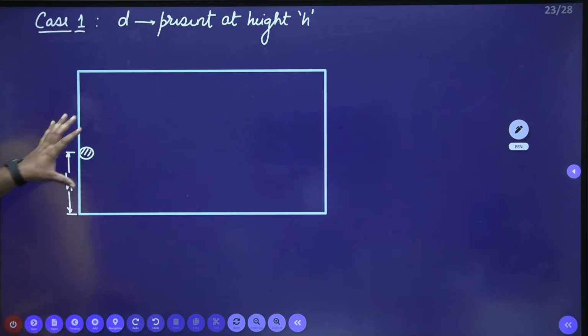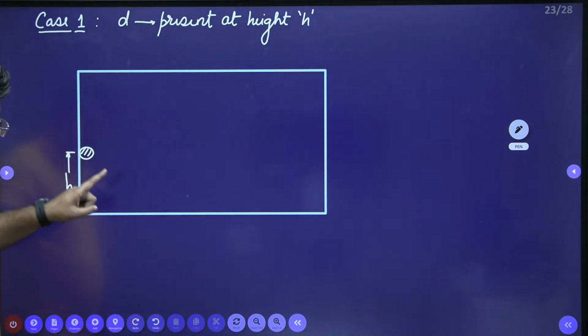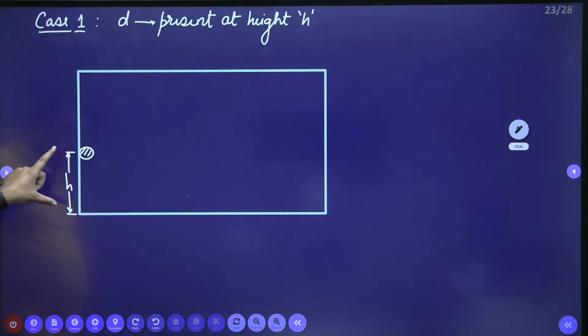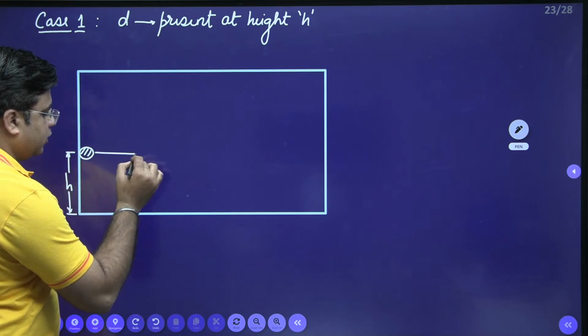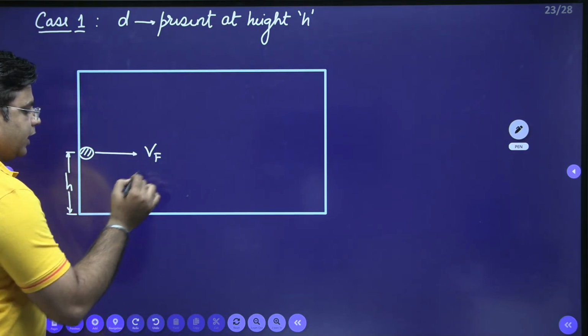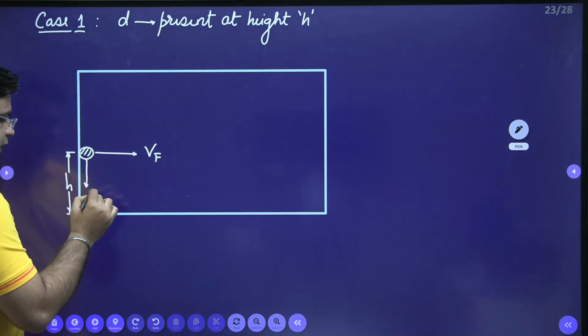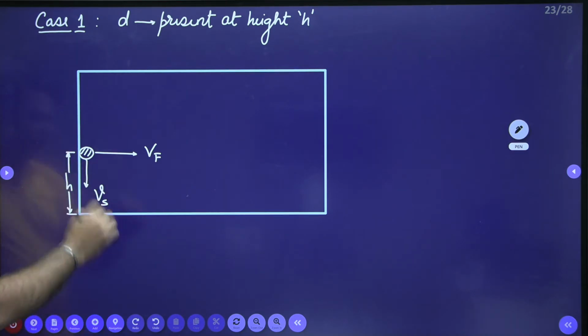This is the settling zone that I am drawing, right? This particle has horizontal velocity Vf and vertical velocity Vs. It will settle with velocity Vs.